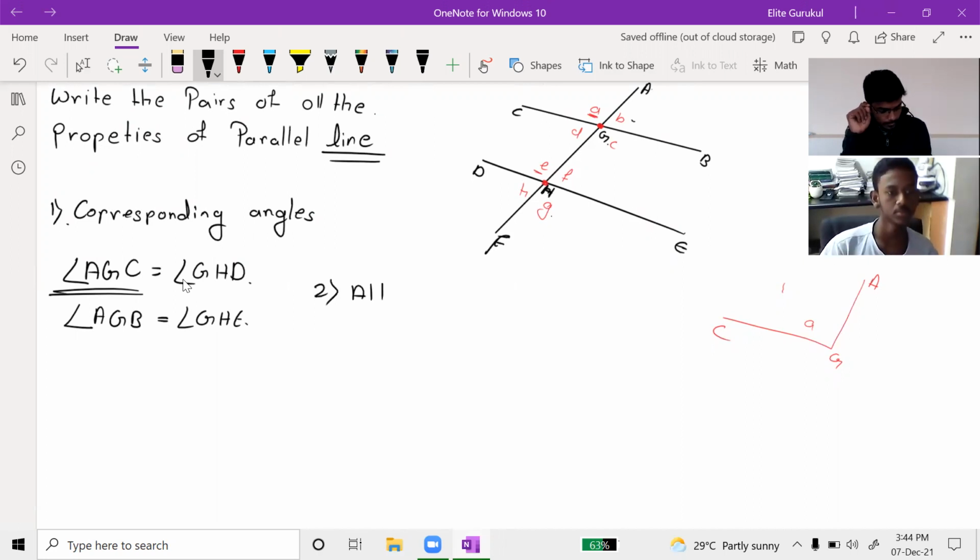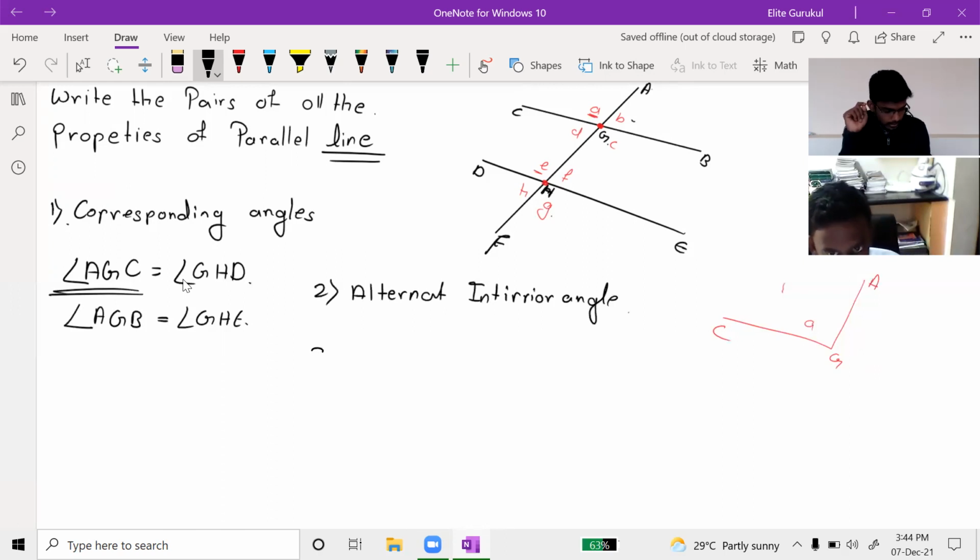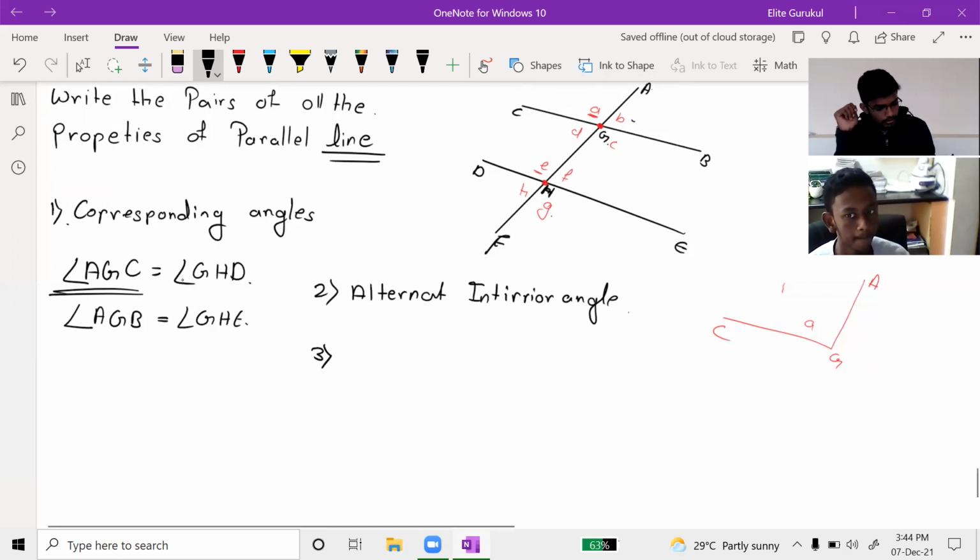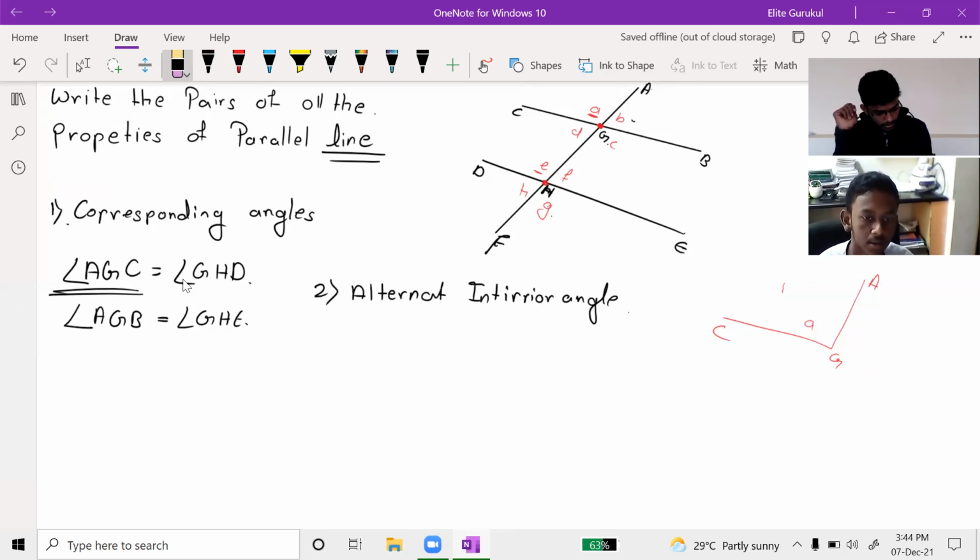Then the second is alternate interior angles. The same way. I will show you one. See, angle D will be equal to angle F, right? So what is the name of angle D?